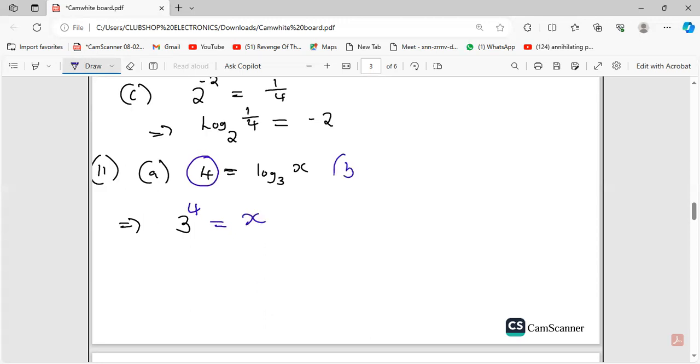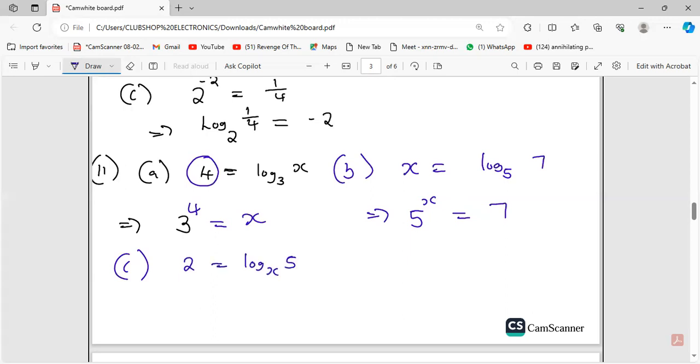That's how it's done. Then B, x is equal to log base 5 of 7. So we start with our base, 5, the power, the equal sign here, x, and the answer is 7. And C, 2 is equal to log x of 5. Our base is x. So we equate the power to whatever is on the left-hand side, 2, and this is 5.